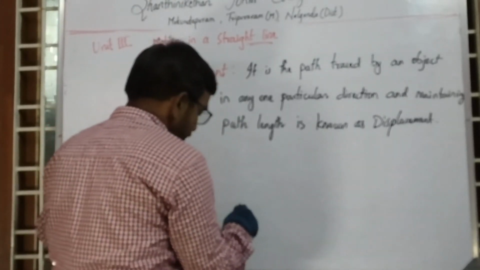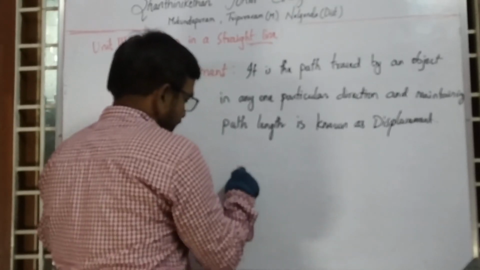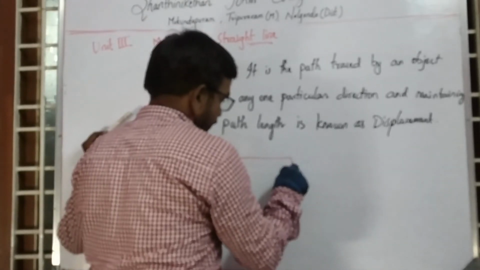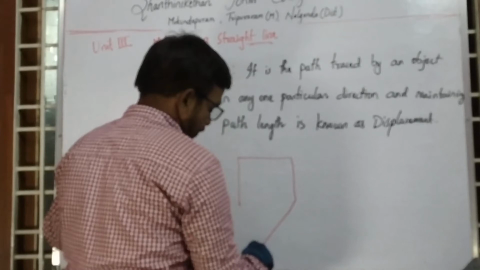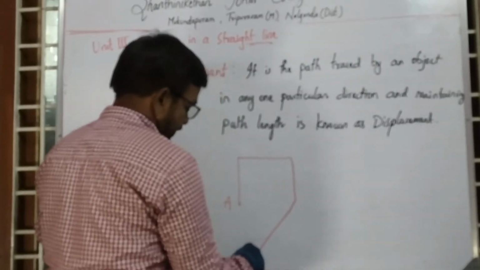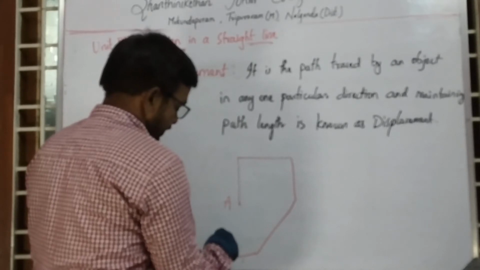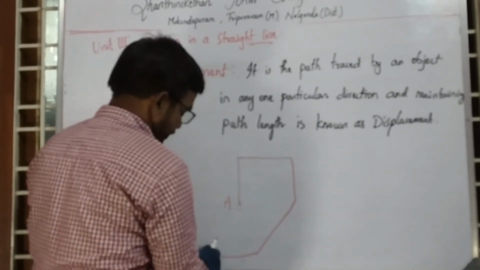If this is the initial point A, a body is traveling in north direction, then afterwards east direction, then south direction, then southwest direction, then west direction, then northeast direction, and coming to the initial point.